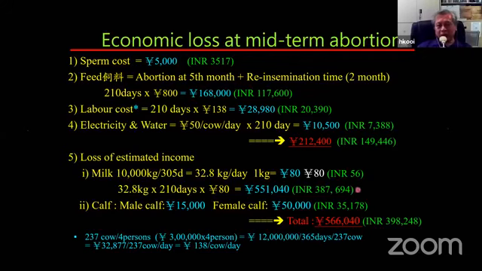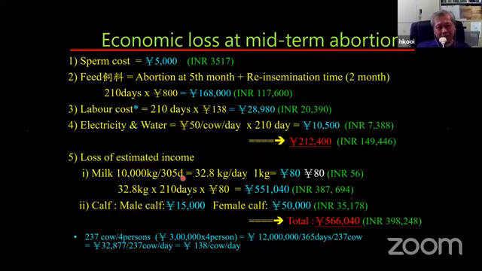So if there is no abortion, then this is the money that will come in. I'm using Japan as the example now. One cattle will give you 10,000 kilos in 305 days. We measure the ability of the cow to give milk, lactation, in 305 days.